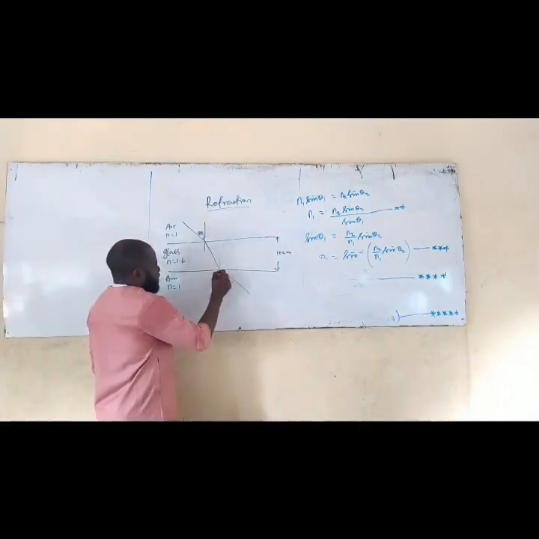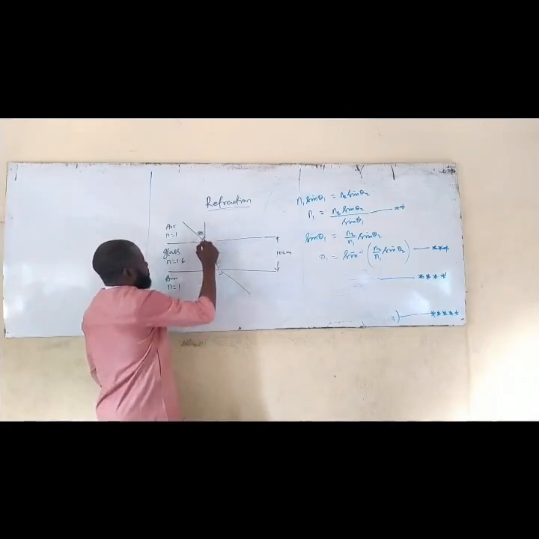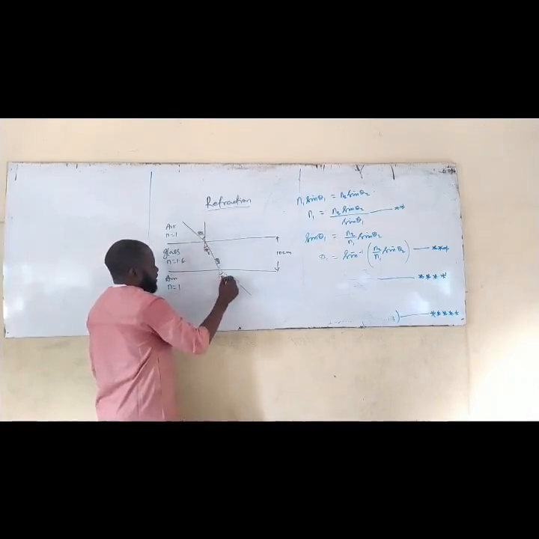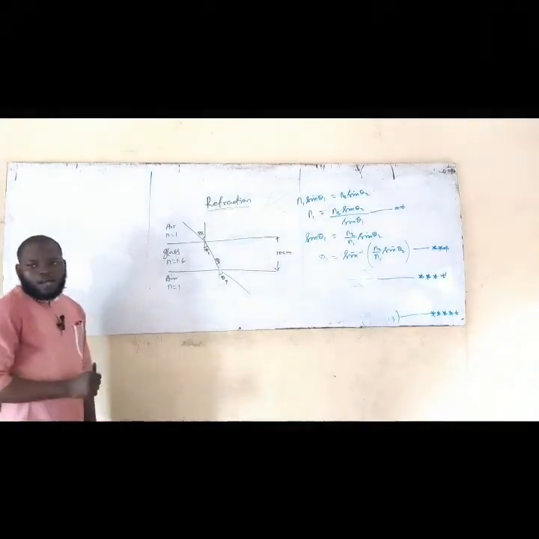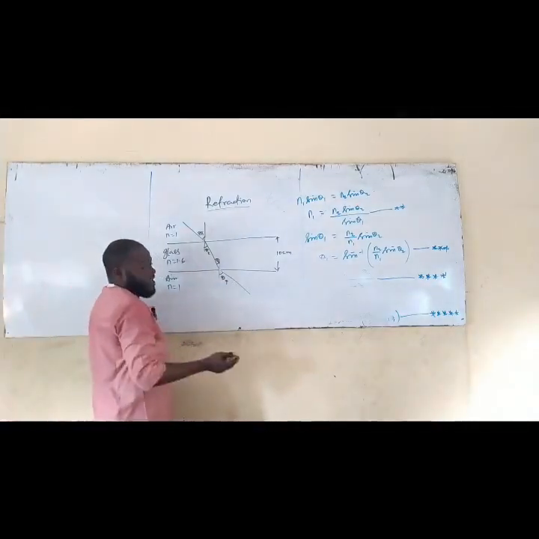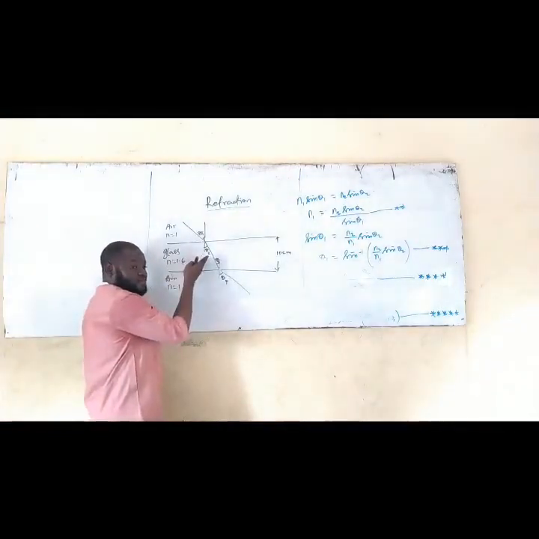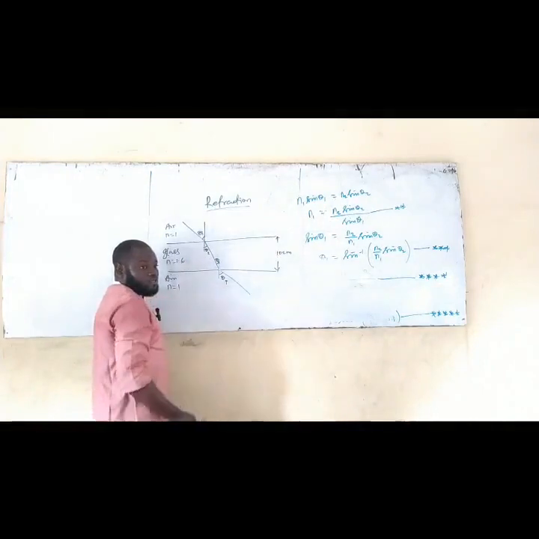Okay, so this angle here, there's an angle here, there's an angle here. Are you seeing it now? So let me call this angle here theta 2, theta 3, and then theta 4. And remember, some of the rays are going to refract when they enter inside this place, while some will continue their journey.